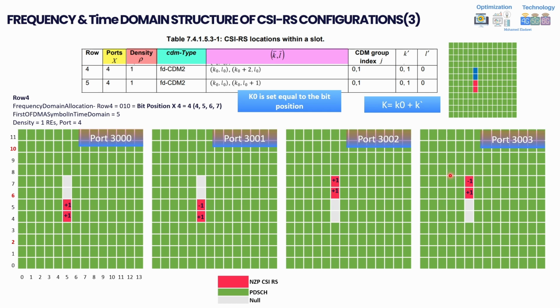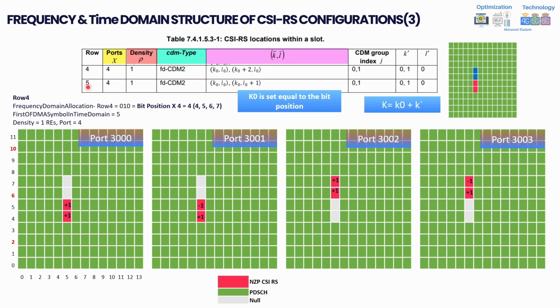That's why it's using code division multiplexing. So in this case, we can summarize that this particular case is using a combination of frequency division multiplexing along with code division multiplexing. At the end, the CSI will be allocated to users at 4 different resource elements using different groups.